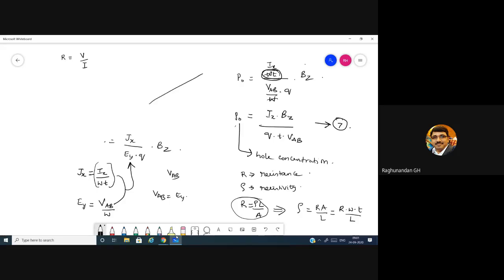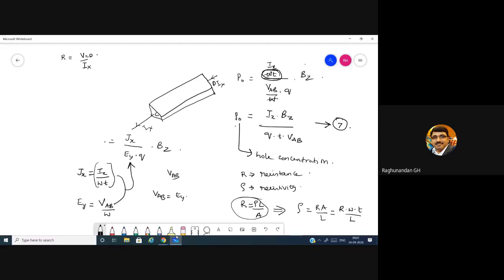The battery voltage which we are giving, I had marked this as Ix. When you consider this as Ix, what will be V? V will be the voltage between these two terminals. I had marked it as CD. So R is equal to VCD by Ix.